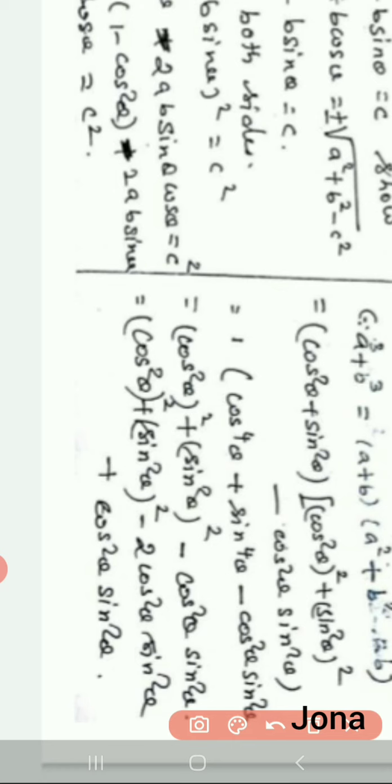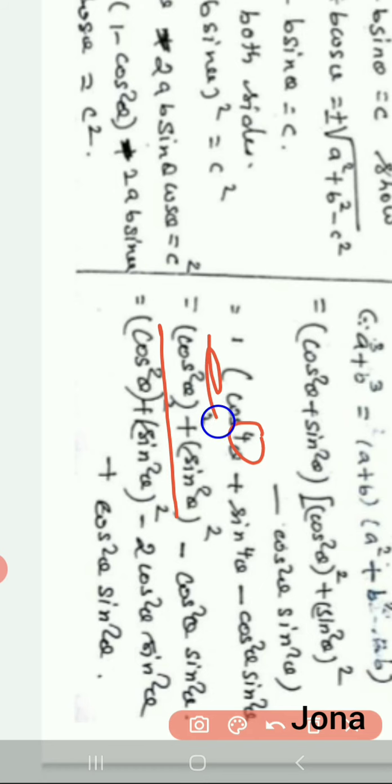And then this cos power 4 can be written as cos square the whole square plus sin square the whole square minus the same thing is here.